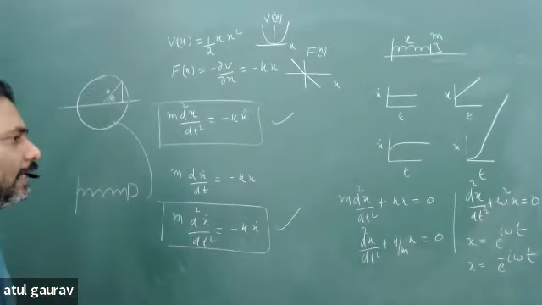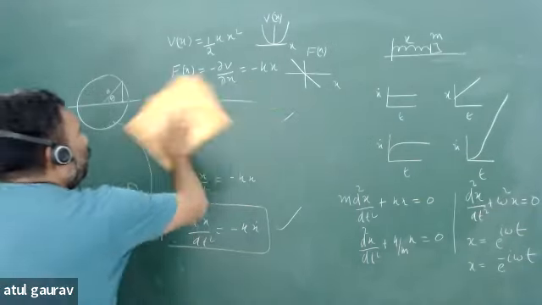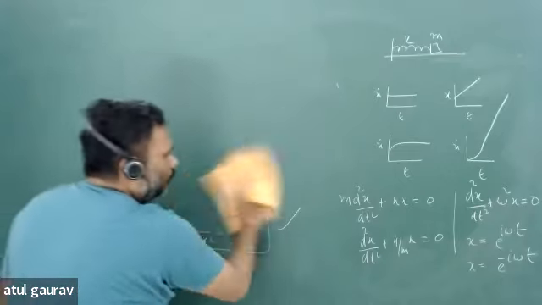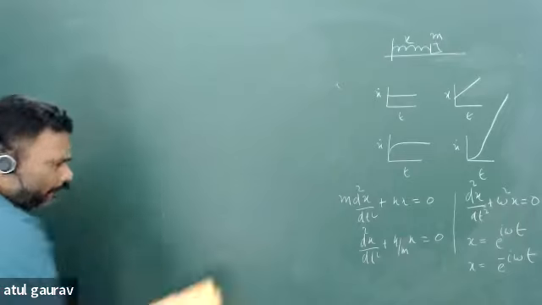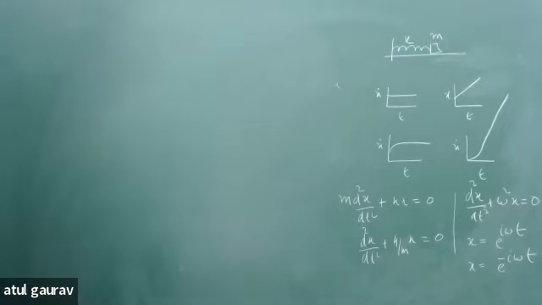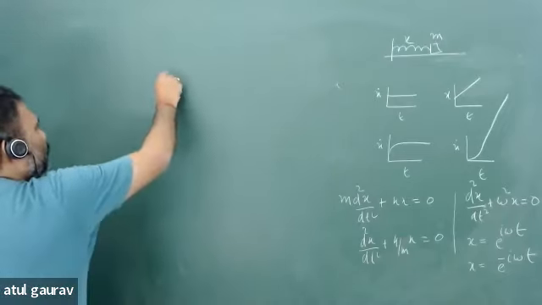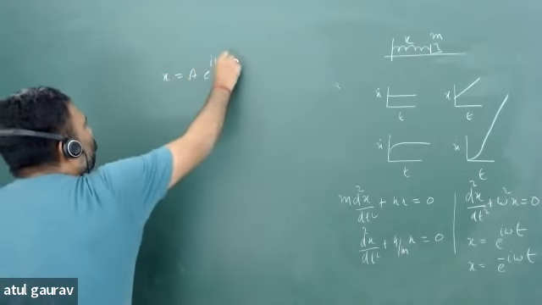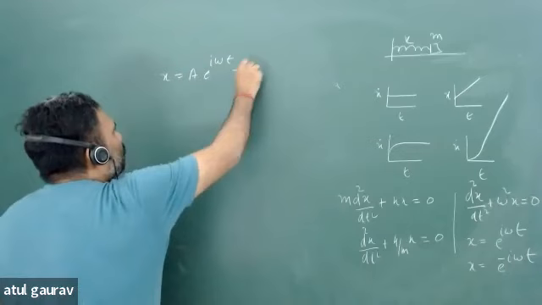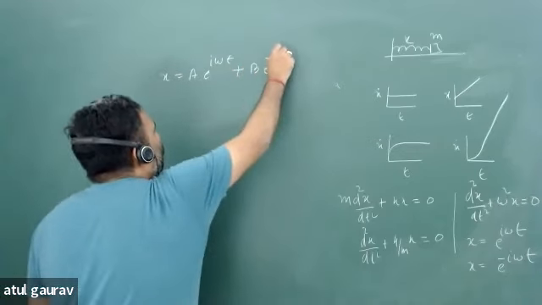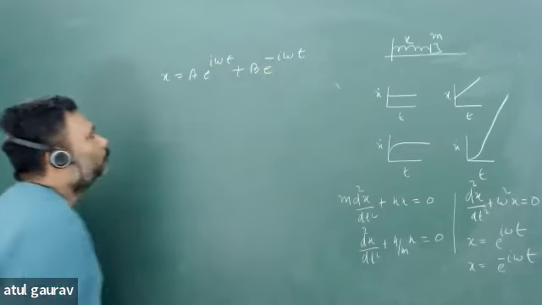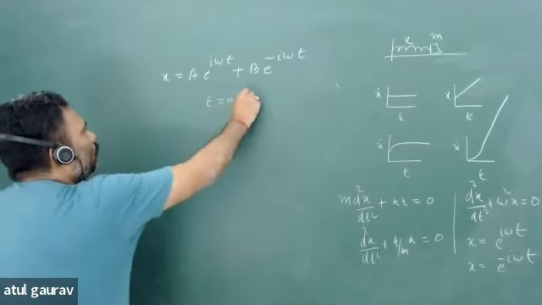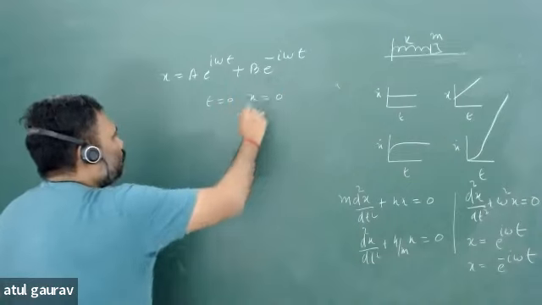So I can take a general solution, and that general solution can give me a complete form, and after that we will use the boundary condition. So my general solution is A e to the power i omega t plus B e to the power minus i omega t. And I can assume at t equal to 0, my particle is at the origin.